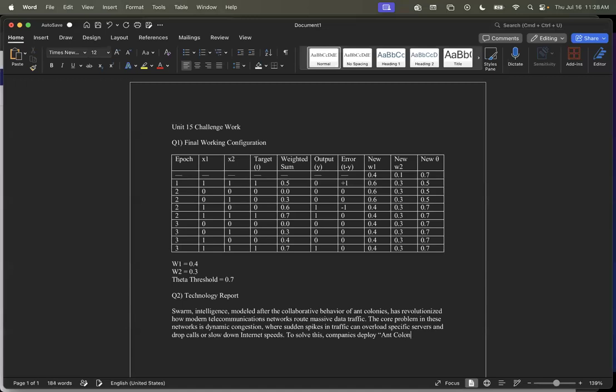ant colony optimization algorithms where digital agents mimic ants leaving pheromone trails on the most efficient pathways through the network grid.